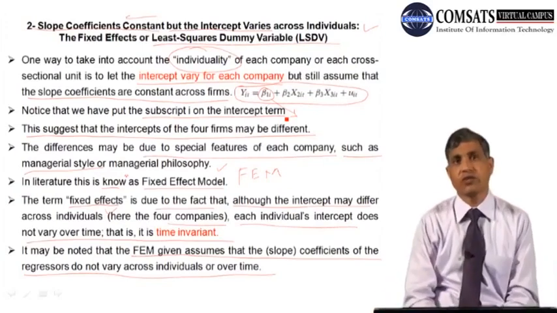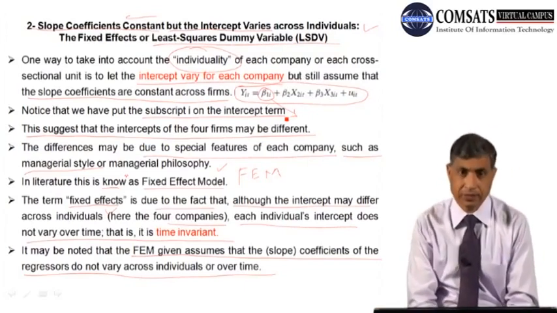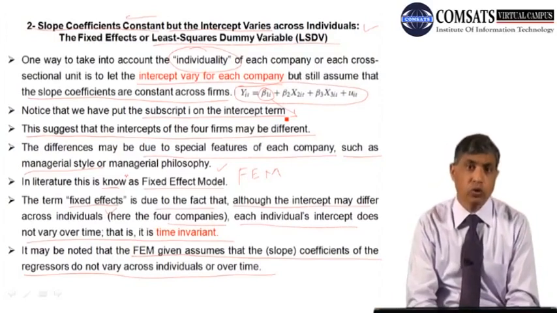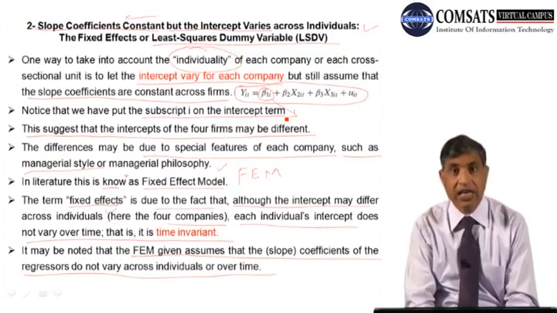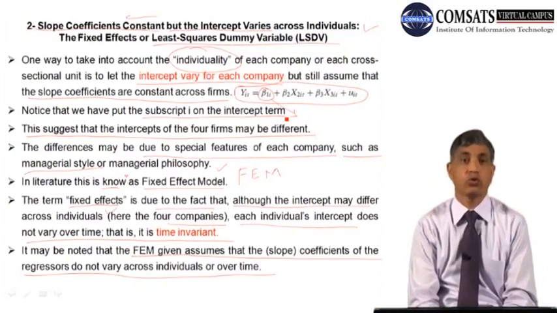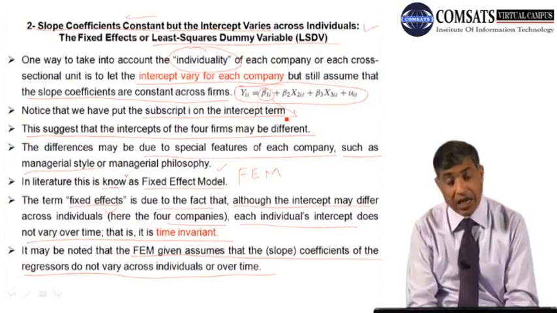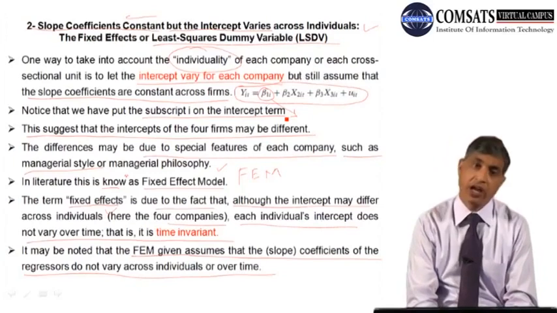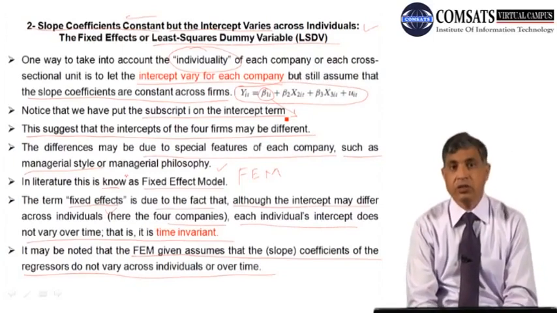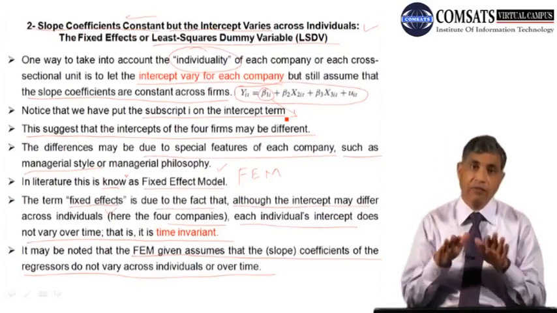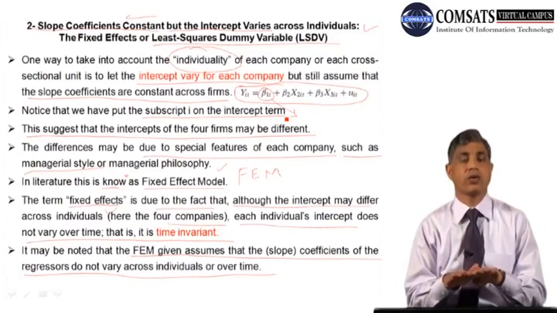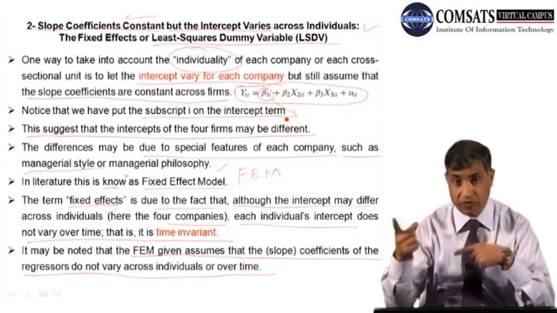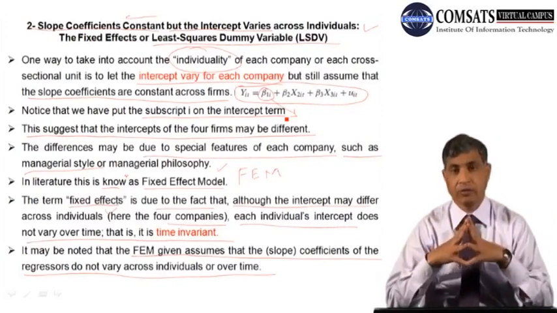If you remember, we did not allow the intercept as well as the slope coefficient to change either across cross-sectional units or across time. We are saying that everything is constant, and we are not allowing any difference between the cross-sectional and the time series units.